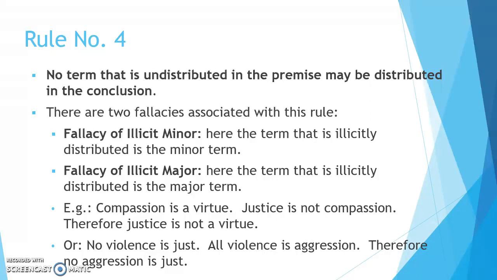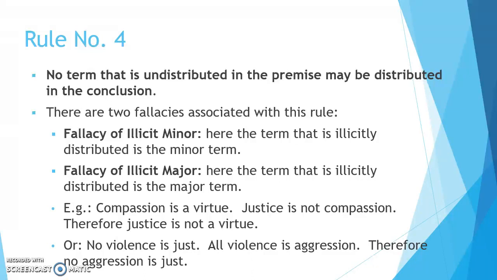Rule number 4. No term that is undistributed in the premise may be distributed in the conclusion. There are two fallacies associated with this rule. Fallacy of illicit minor: here the term that is illicitly distributed is the minor term. And fallacy of illicit major: here the term that is illicitly distributed is the major term.